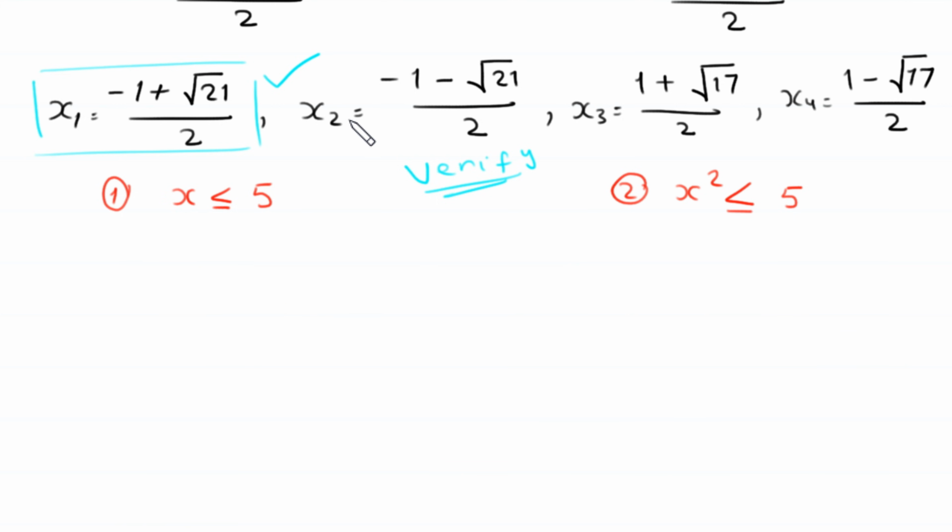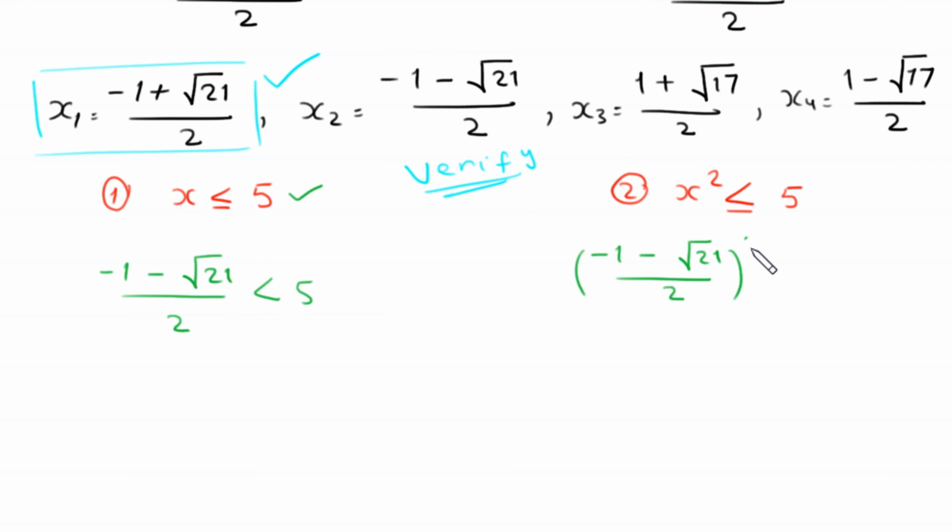Now we check this second value, negative 1 minus root 21 over 2. This negative 1 minus root 21 over 2 is less than 5, so this condition is true. Now in this second condition we put this value of x2, negative 1 minus root 21 divided by 2 whole squared.